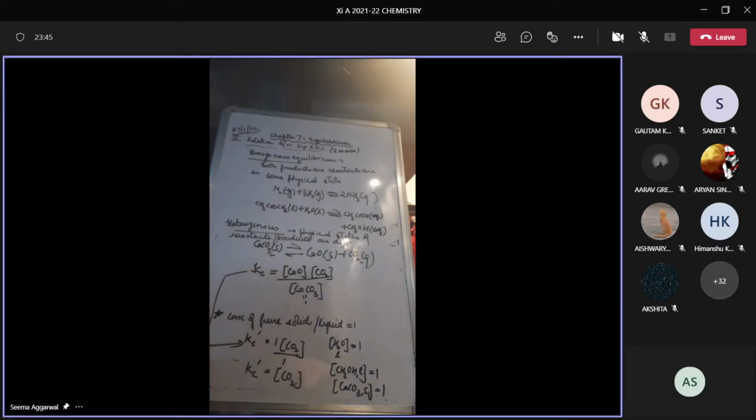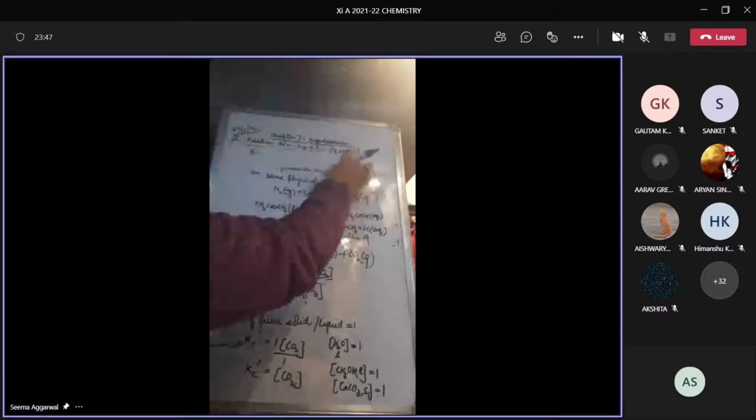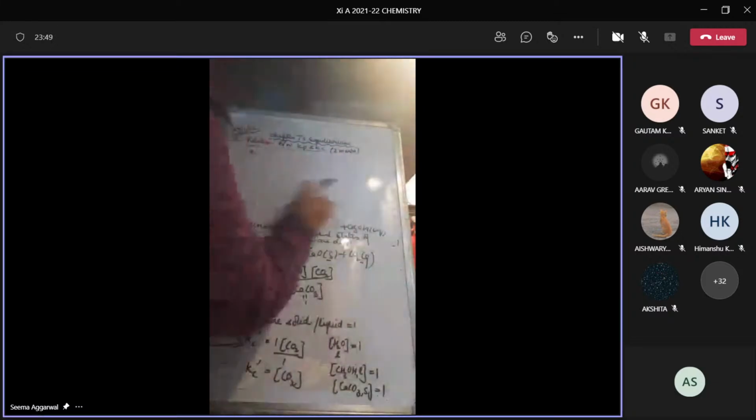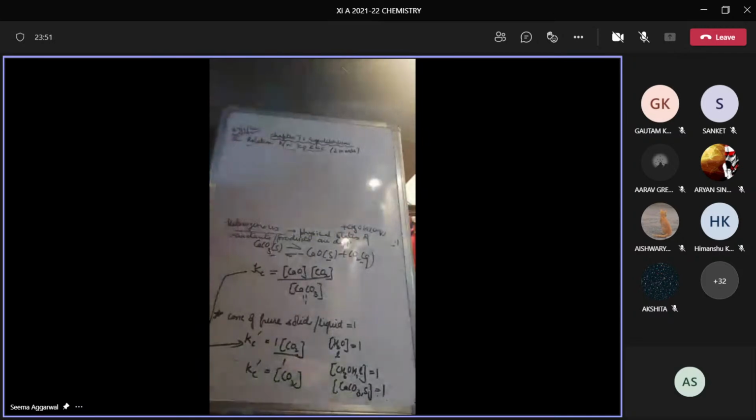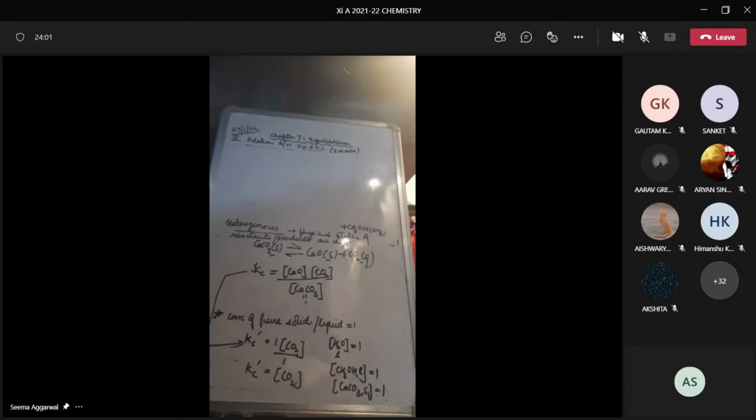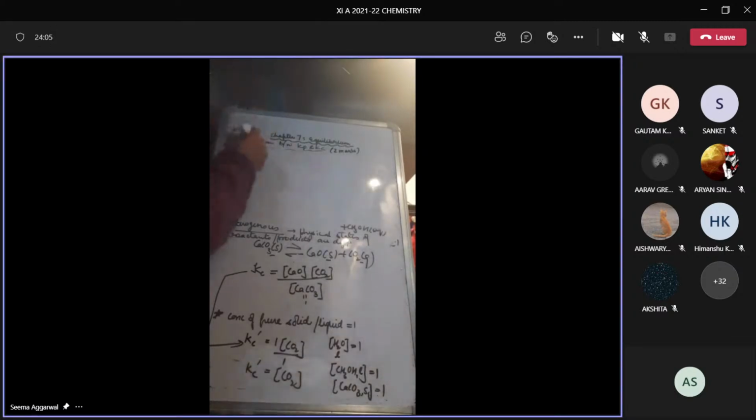Now suppose my question is, simple questions I am taking. Write the equilibrium constant for. Okay, this is an NCERT question also. So you have to do this in proper steps. I am taking NCERT question number 7.4. Question is write Kc.